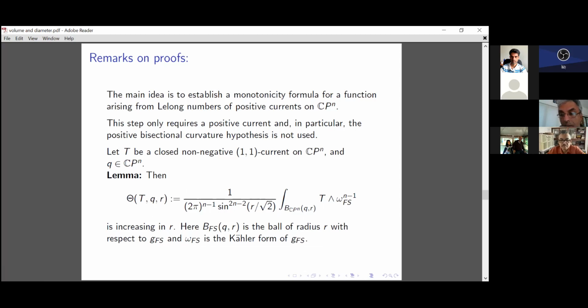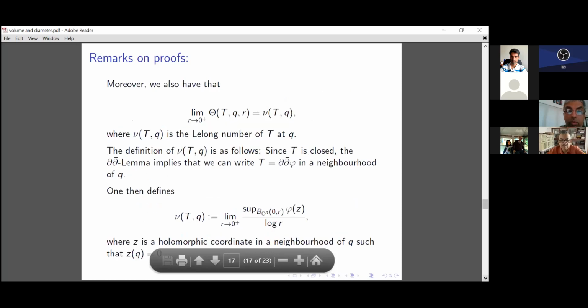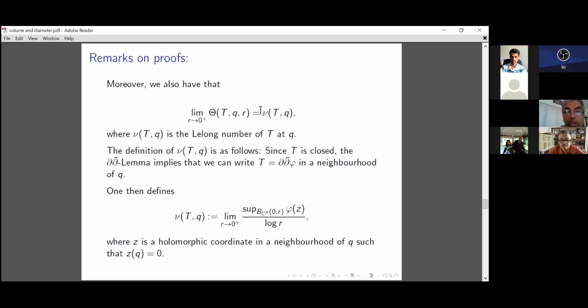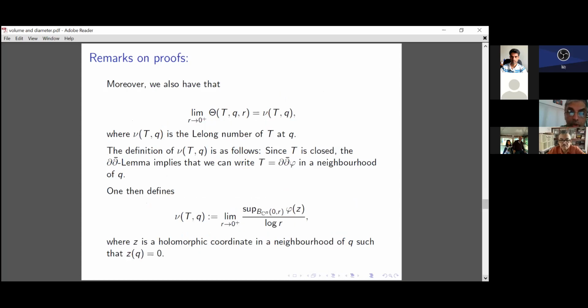And one also knows that as R goes to 0, one gets the Lelong number of the current at Q. Then one also has a small lemma giving a lower bound for the Lelong number.